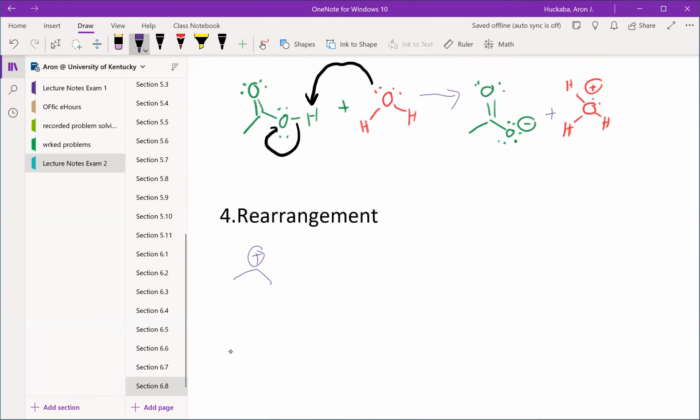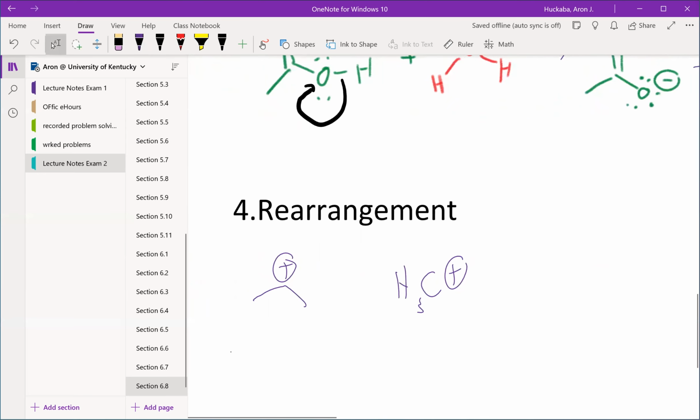And strangely enough, the positive charge on a carbon can either be somewhat stable or really not stable at all, depending on what type of carbon that positive charge is sitting on. For instance, CH3 plus, the methyl carbocation, is extremely unstable.